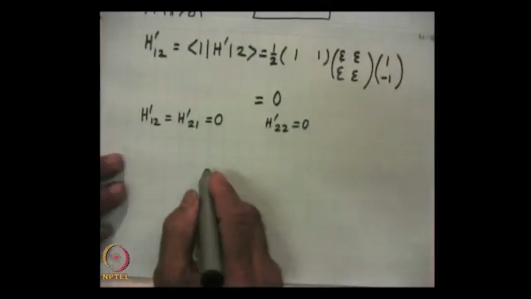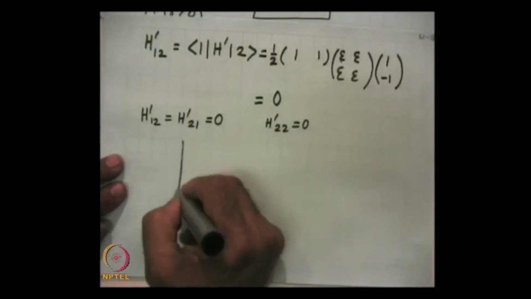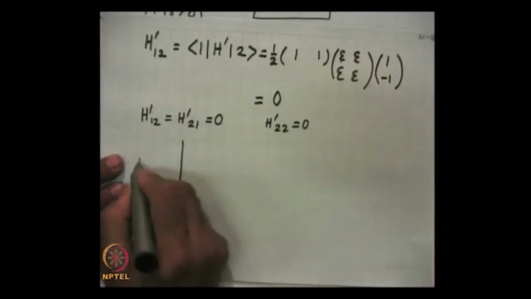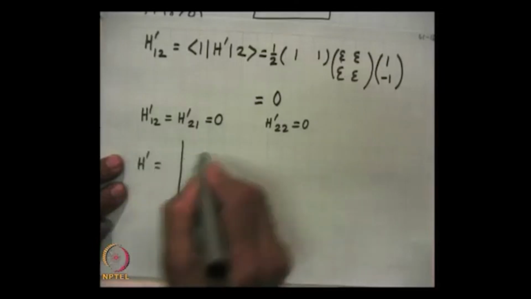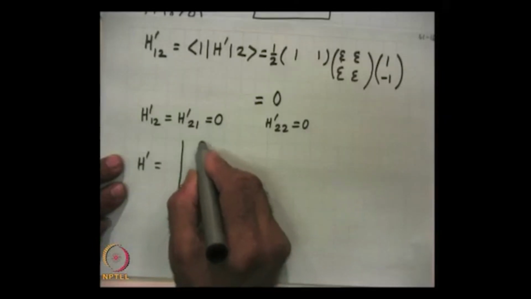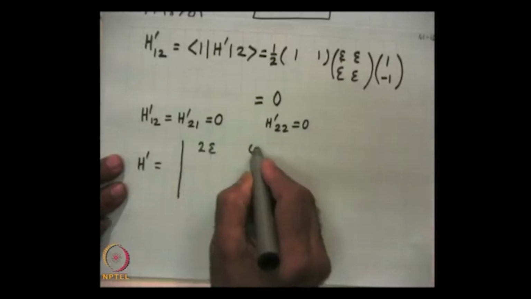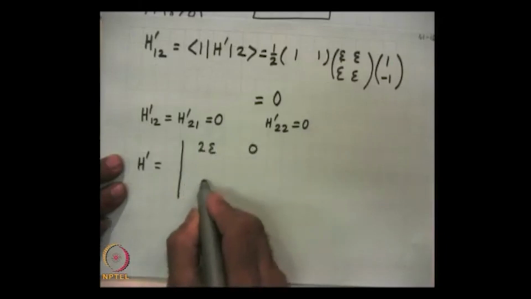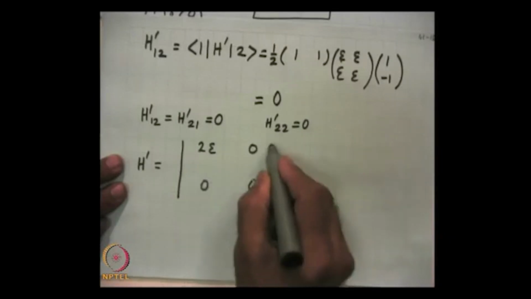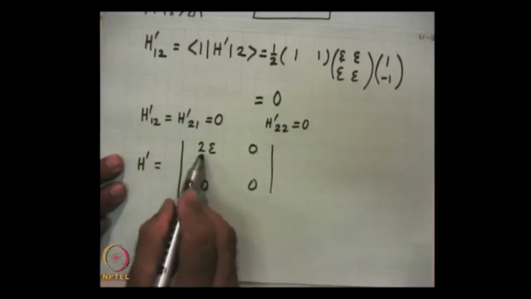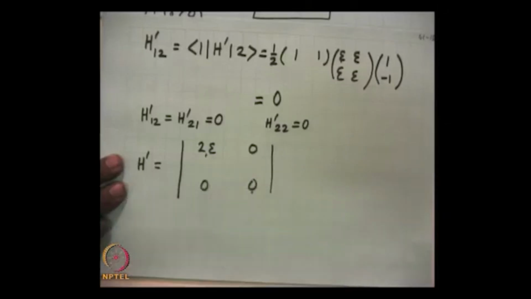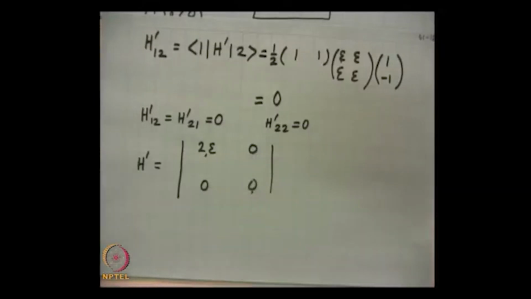If you write down the H prime matrix, it will be 2 epsilon 0, 0 0. It is a diagonal matrix, the eigenvalues are 2 epsilon and 0, and the off diagonal elements are 0.